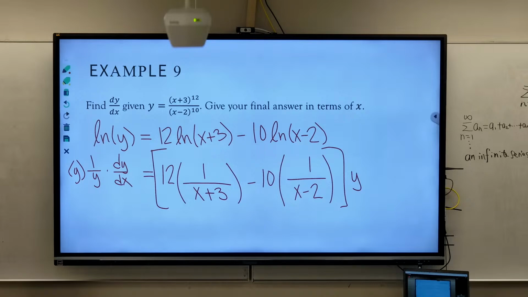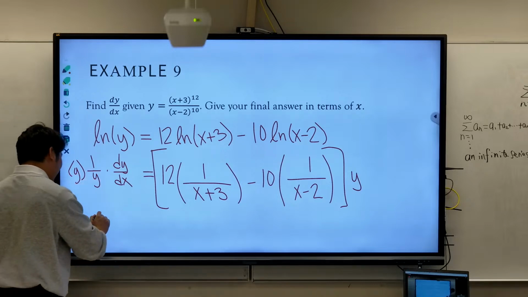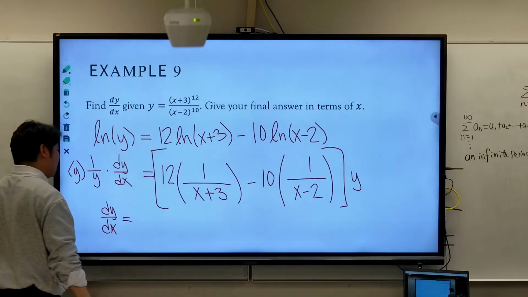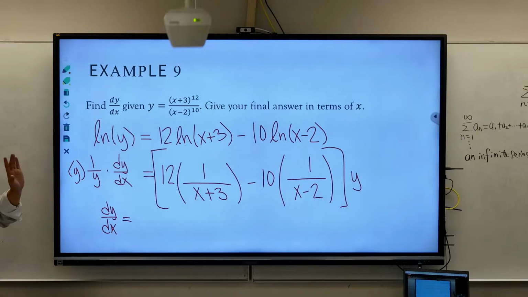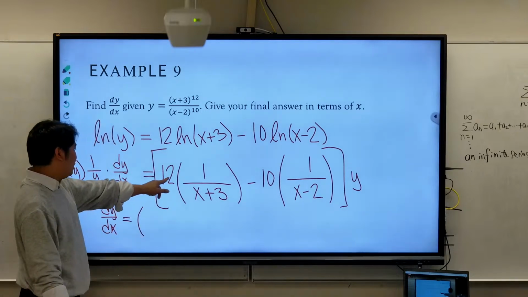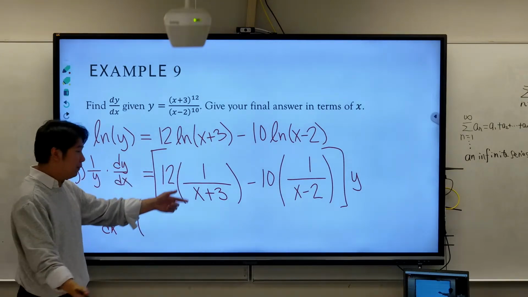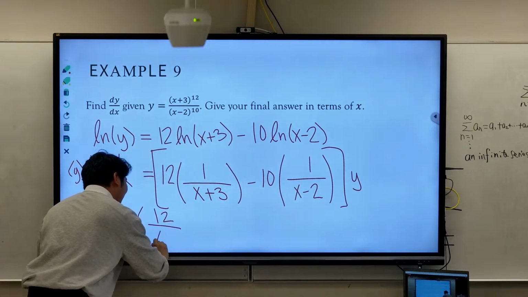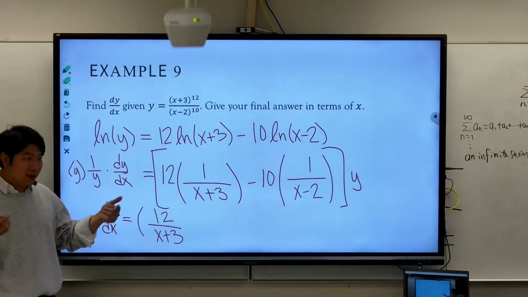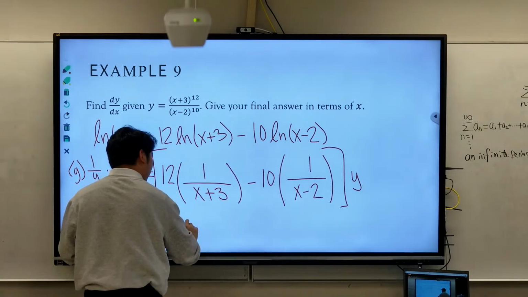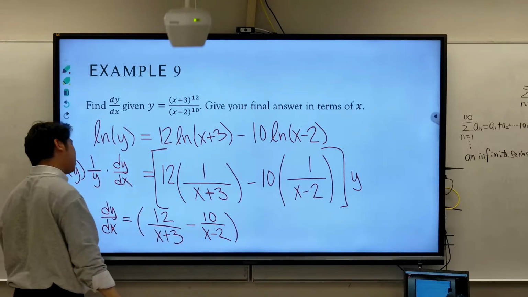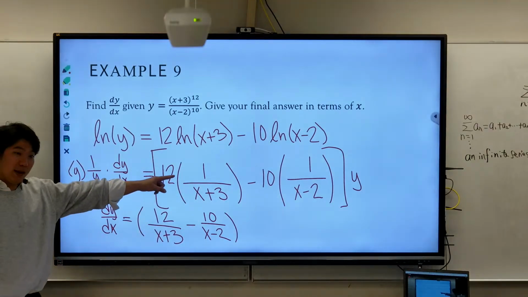By multiplying by y, I get dy dx, that's still here on the left, perfect, is equal to, and I'm just going to clean up slightly. I have 12 times 1, so 12 over x plus 3. You don't really have to simplify this for me, but I'm just multiplying because we know how to do 12 times 1 real quick. Same thing over here. I'm going to write it as minus 10 over x minus 2. And I have times y.